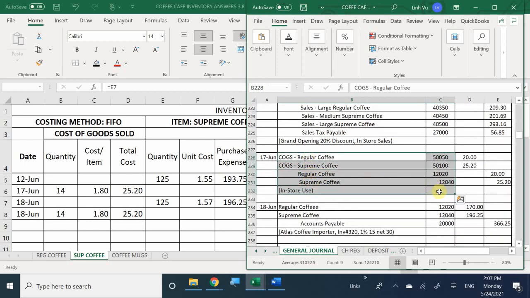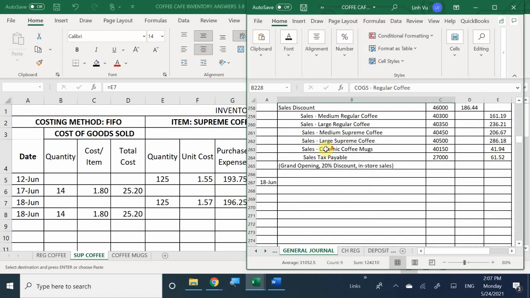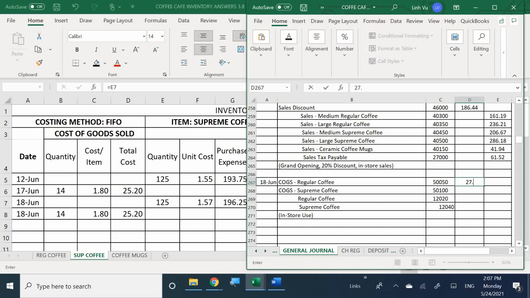Good, that's right. Your regular coffee amount under cost of goods debit will be 21.73. The other will be 25.20.